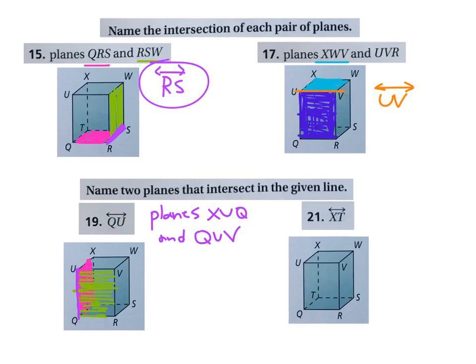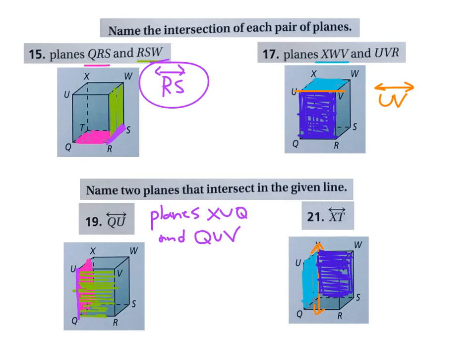Okay, and we're going to go one more for this last one, and they're saying line XT. Where's line XT? That's running down here in the back. Okay, and what two planes intersect there? Well, we've got that left side plane, and then this violet plane in the back like that.